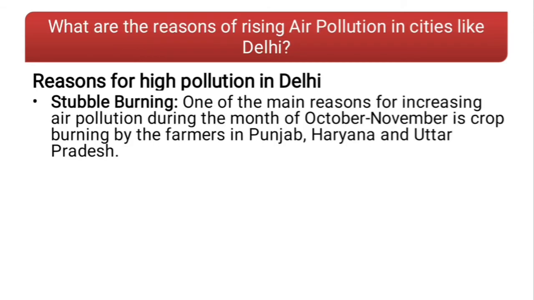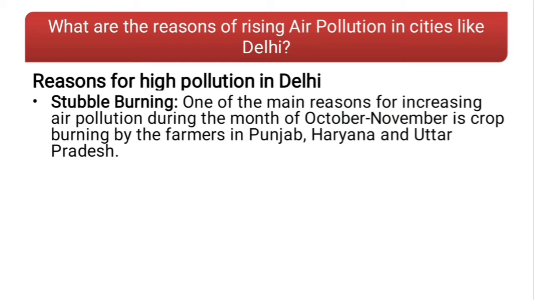Then the next reason is stubble burning. One of the main reasons for increasing air pollution during the months of October to November is crop burning by the farmers in Punjab, Haryana, and Uttar Pradesh. And because of the wind direction, this particle pollution is being transferred to Delhi.